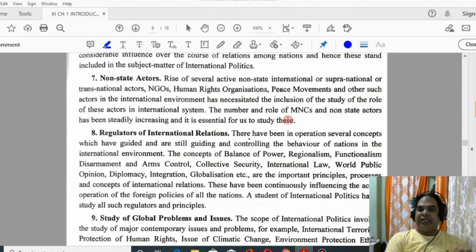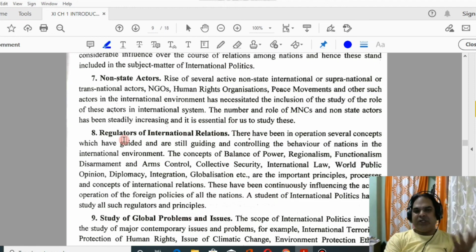All this also comes under the study of political science. The number and role of MNCs, multinational companies, and non-state actors has been steadily increasing, and it is essential for us to study them. So the simple thing is, my dear, whatever happens within the state, and when we study that, is the study of political science.